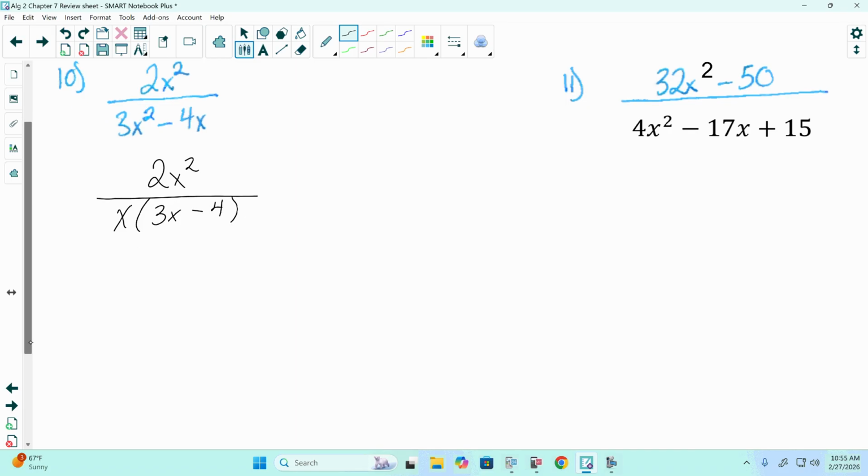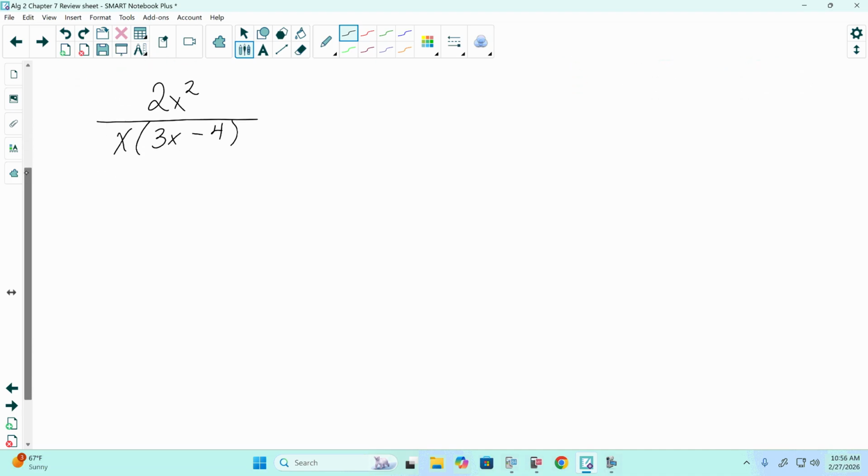In the original expression, we couldn't simplify the x squared on top with the x squared on bottom because the 3x squared on bottom had the minus 4, that subtraction, which stuck those two terms together. But by factoring that x out, I now have a product on bottom: x times 3x minus 4. And that x on bottom, with the x on top, we can simplify.